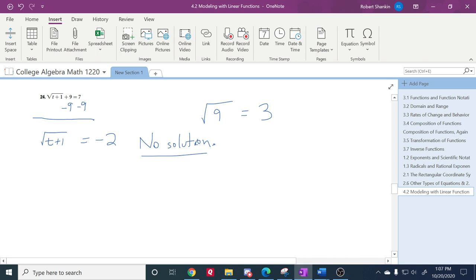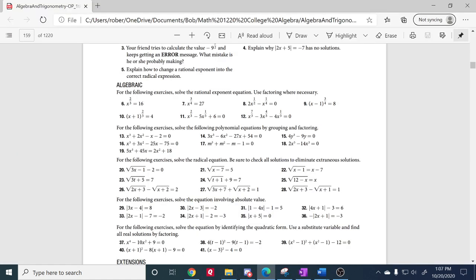Mr. Shankin? Yes. I'm sorry, I also had a question on 2.7, number 28. Number 28. All right, let's look at 28. Oh, that's the double square root. All right, these take so long, 26, 27, and 28, that really I only had time today to do one. So I put that one in the practice quiz. But for number 28, let me just go over the procedure.